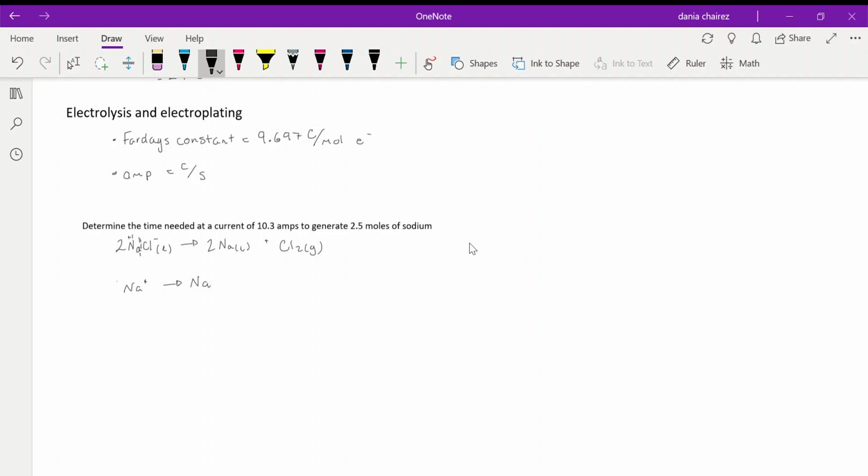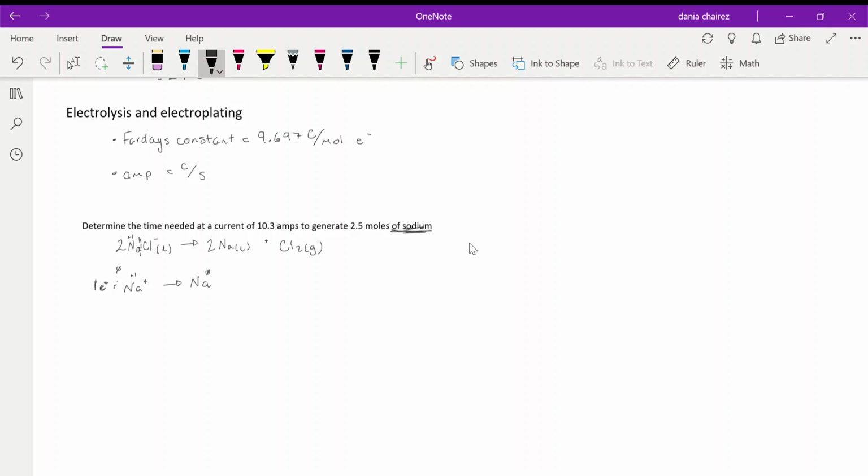Then we have to balance it, because this has an overall charge of 0 and this has an overall charge of +1. So to get +1 to 0, we add 1 electron here, so that we have an overall charge of 0 on both sides. And that's all that we're going to be dealing with, because the problem is just asking for moles of sodium.